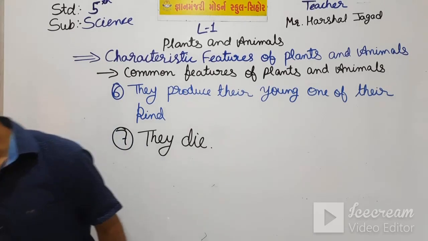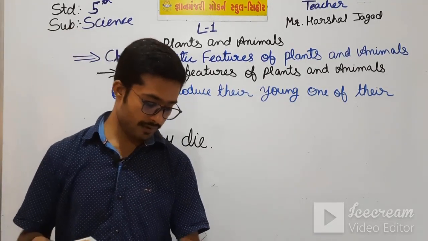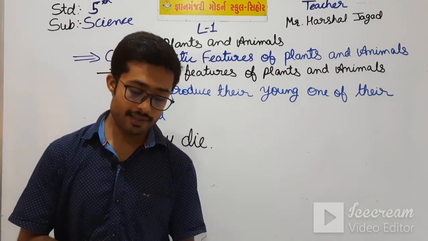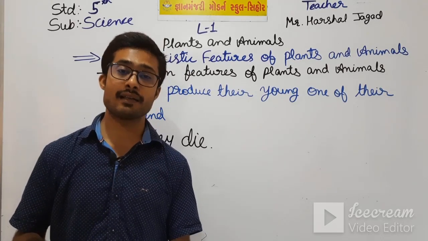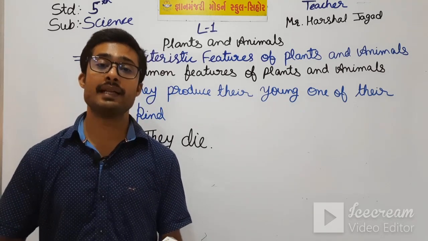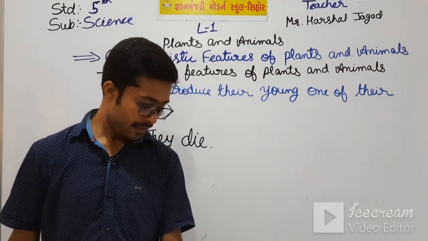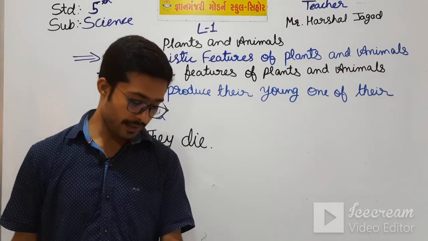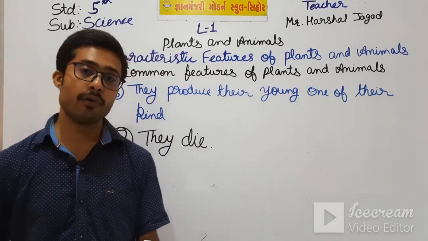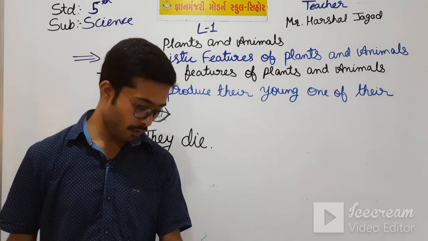Let's see again. The first point was all plants and animals breathe, means without breathing they can't live. They grow in size, means they will grow. They feel and respond to stimulus, means samvedana. They need food for growth of their body.